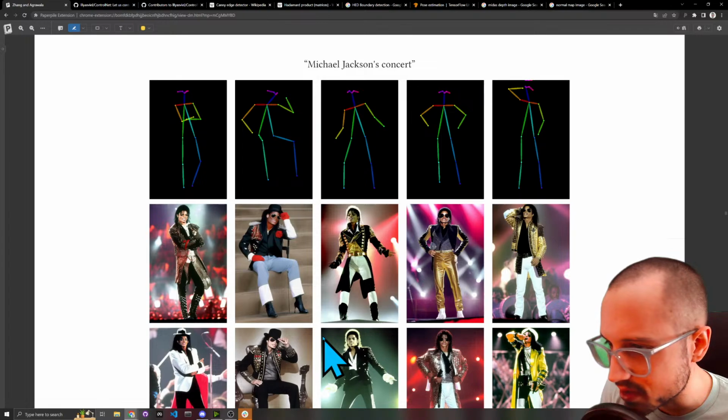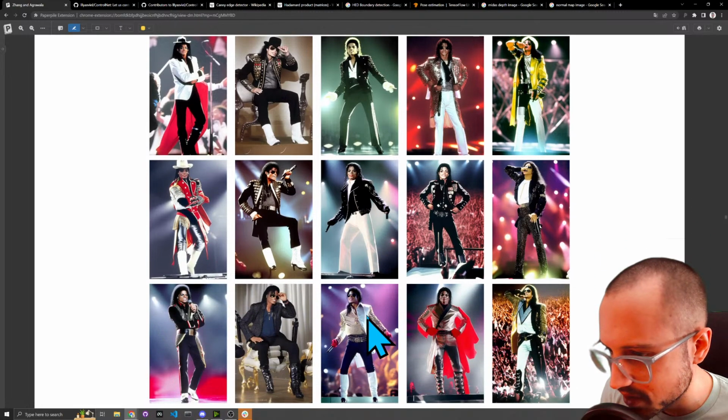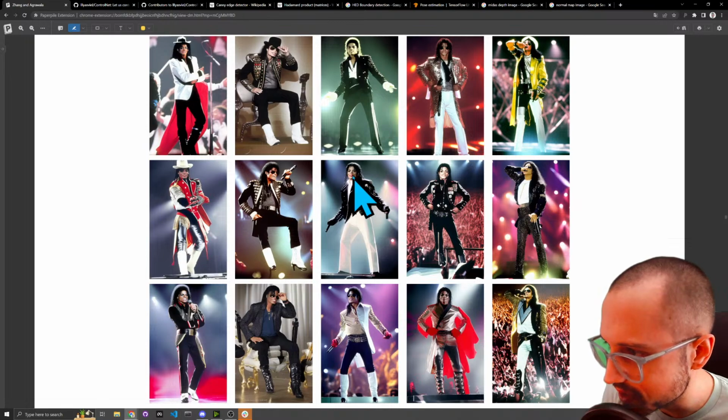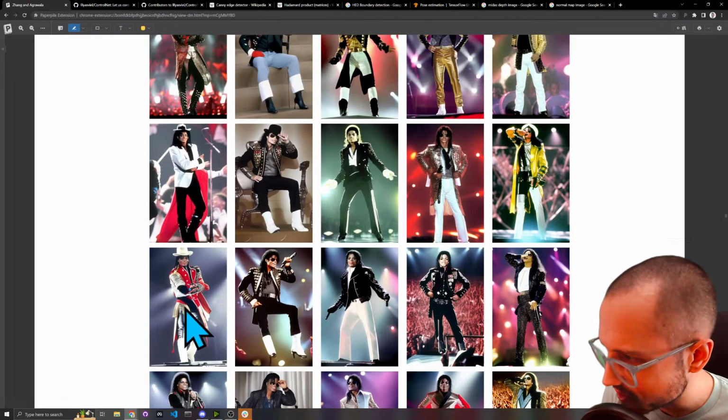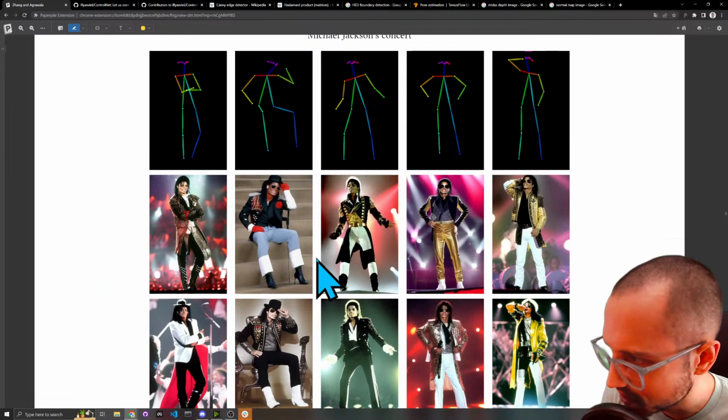Michael Jackson concert. They're pretty good. I mean, the face is still a little weird. Like, this face is weird. But these costumes are on point. And he even has the vintage camera effect.